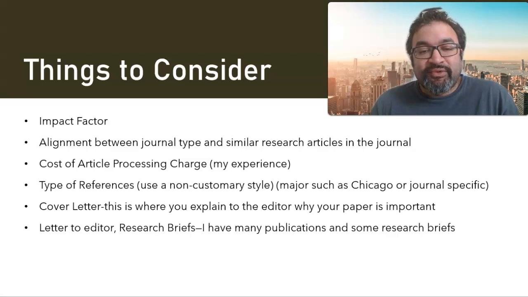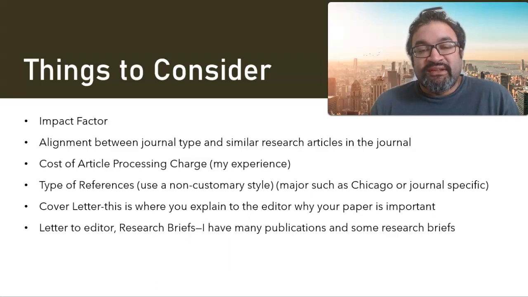The next thing to look for is article processing charges. Now, APCs, these are what I look for initially when there is an instructions to authors. Some of them are open access. I've experienced this where the funding comes from the government. And this happened to me in one of the journal outlets.